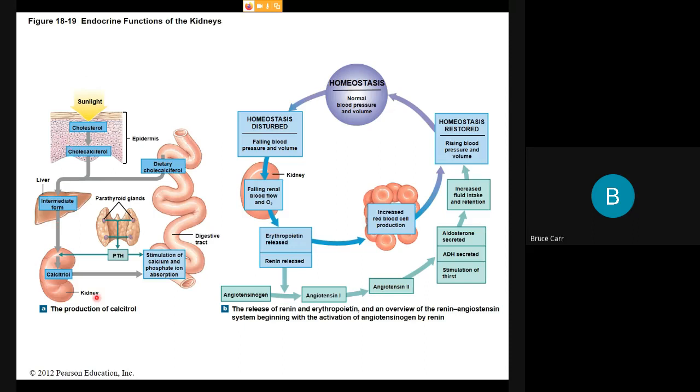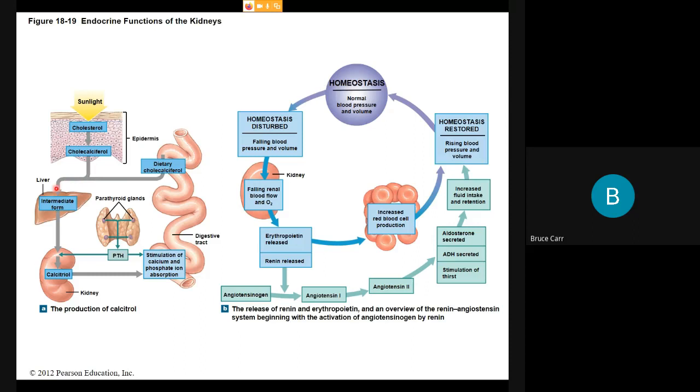This cycle over here is focusing on the absorption of calcium and phosphate from our food. Now, calcium and phosphate are used in many places, but especially in bone. So things like osteoporosis are affected by this. If sun falls on your skin, cholesterol in the skin makes cholecalciferol.